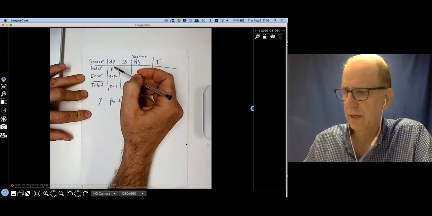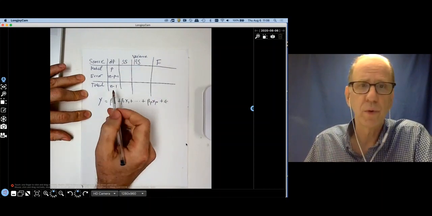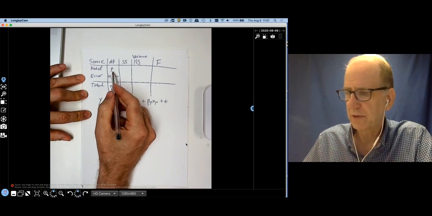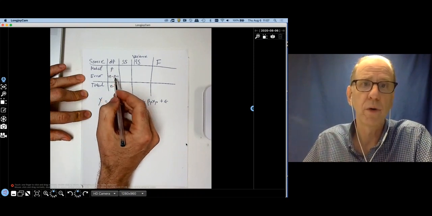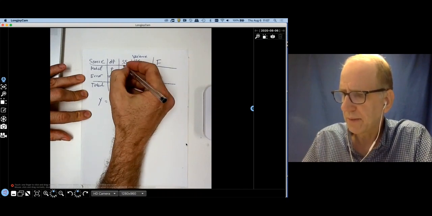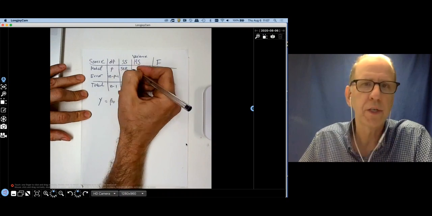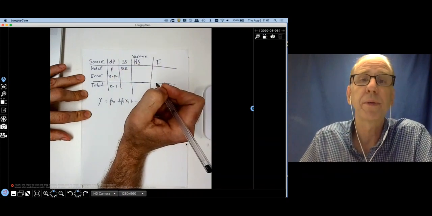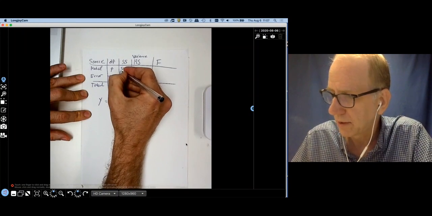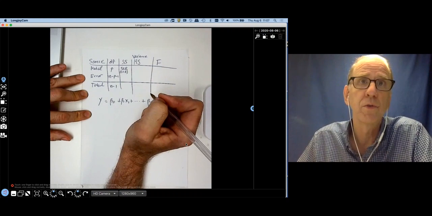So remember with ANOVA tables, they always add up. And so we have n minus 1 total degrees of freedom, and we partition that into what the model's doing versus what the error is. Now, the sums of squares are often called the SSR, regression sums of squares. If this were an ANOVA, it would be the between, let me just put this in parentheses, SSB for sum of squares between group.